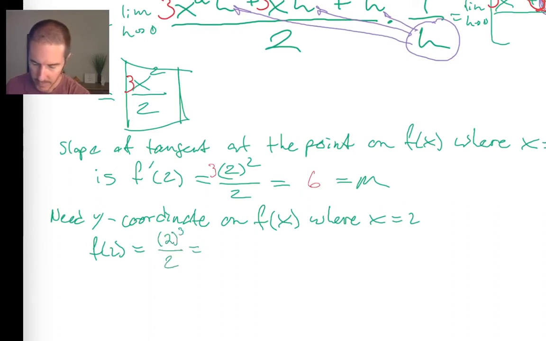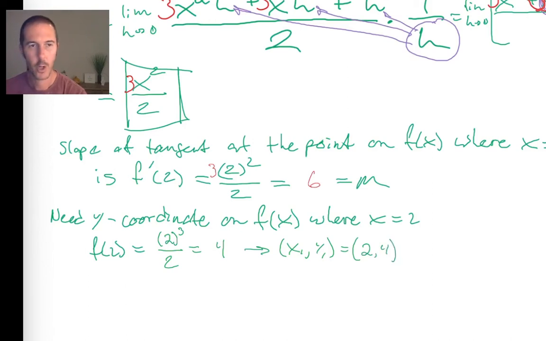And when we simplify, that's equal to 4. Which means that x1, y1, the point that we're going to be using in point slope form, we had an input value of 2 and an output value of 4 in our original function. So that's the point on our original function where we're going to be finding the equation of the tangent line.